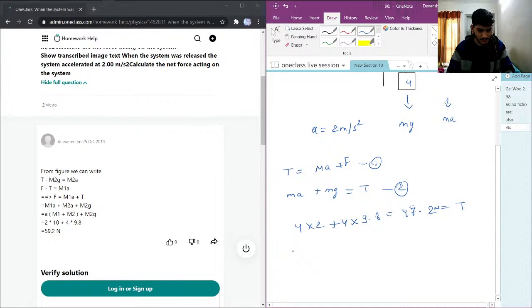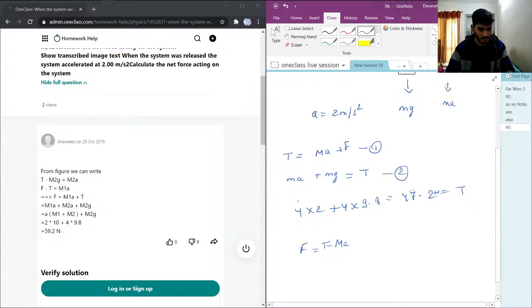This T is given, so we have the magnitude of T. What we need now is the acceleration. We'll use the first equation.